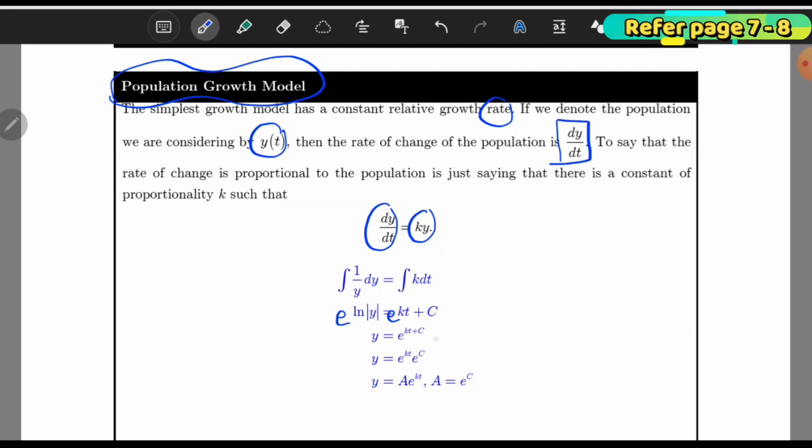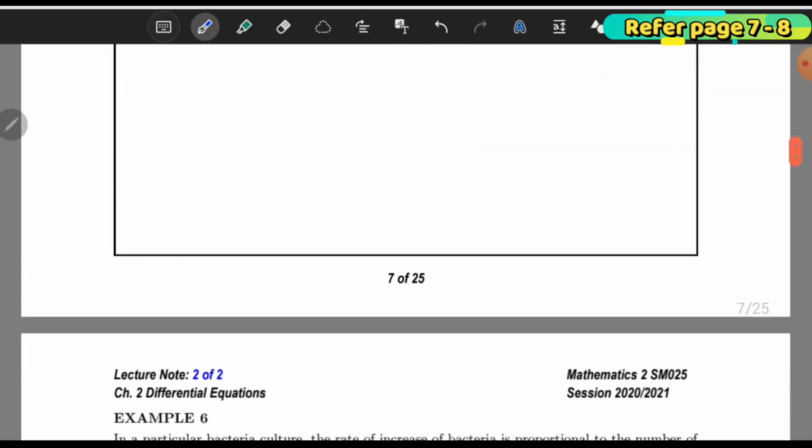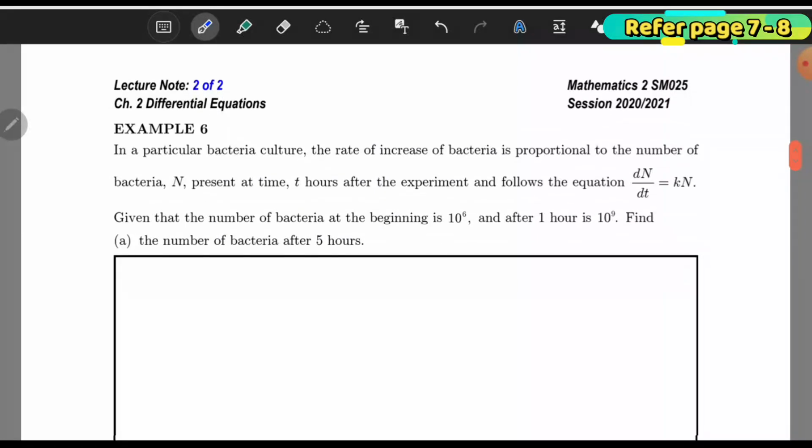And by using the rule of indices, we can write e^kt times e^c. By letting e^c as A, the equation becomes y equals A e^kt.